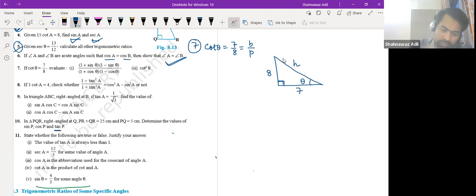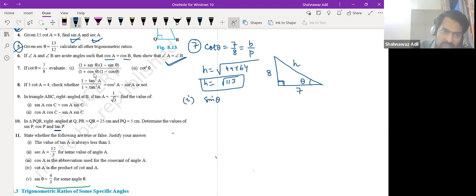The hypotenuse is root of 113, since this is 49 plus 64. So 113, yes, correct. Then we can find out sine theta and cos theta, because in the first question they want us to calculate this.